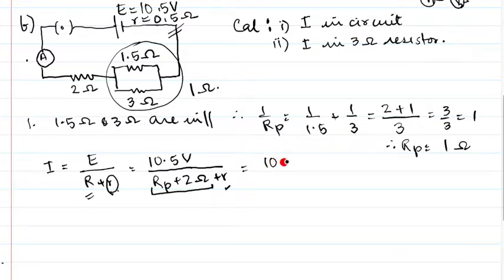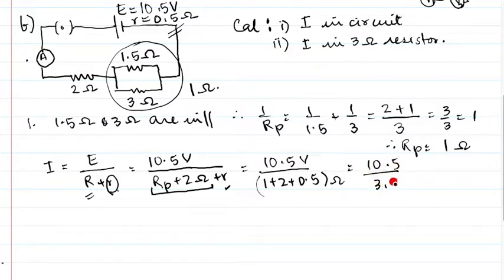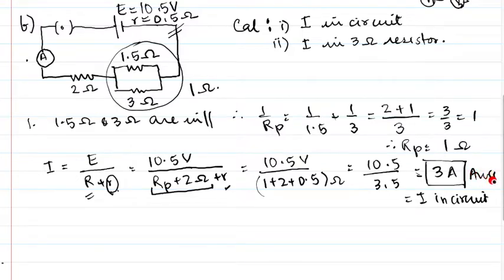So that will give you 10.5 volt upon 1 plus 2 plus 0.5 ohms. So that will be 10.5 upon 3.5, which will be 3 ampere. So this will be your current in the circuit. We will say that is I in circuit. And that becomes our answer 1.